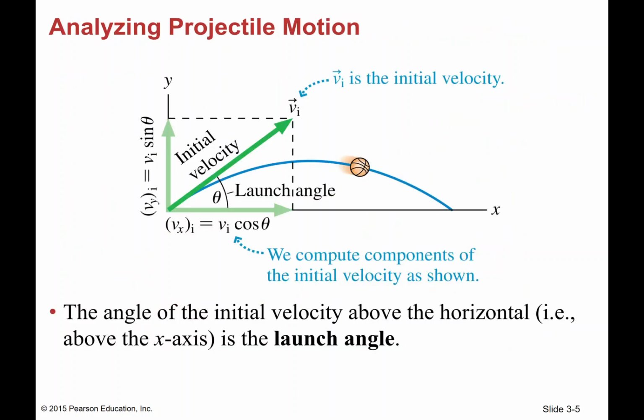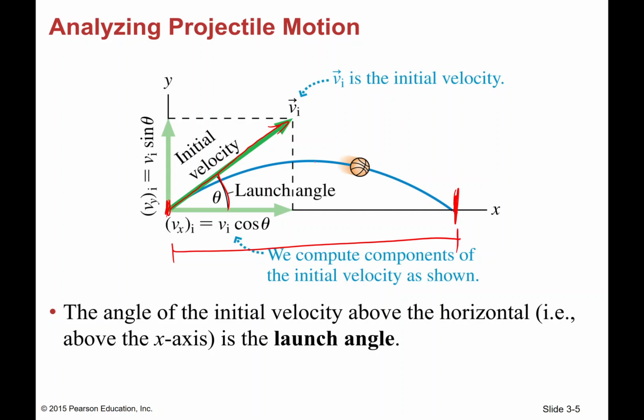So to analyze projectile motion, we need to look at a few things. We need to look at the initial velocity that the projectile has when it is launched. We need to look at the angle that it has when it is launched. And then things that we would like to know is how far it lands. You launched your projectile from here. Where does it land? This horizontal distance is called the range.